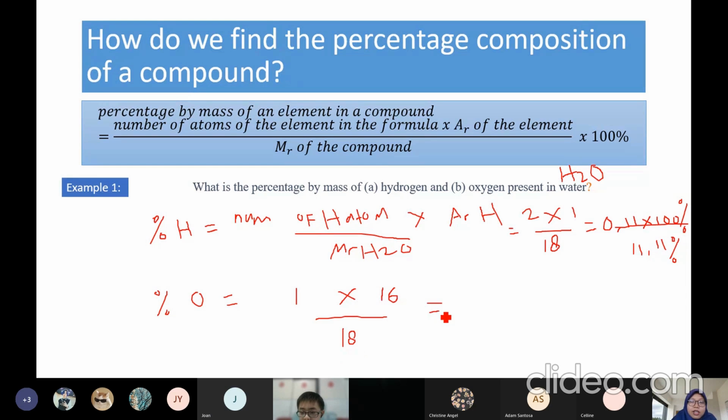Please calculate. Don't forget, times 100%.